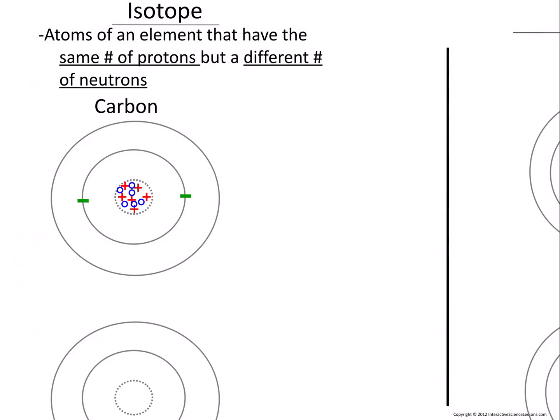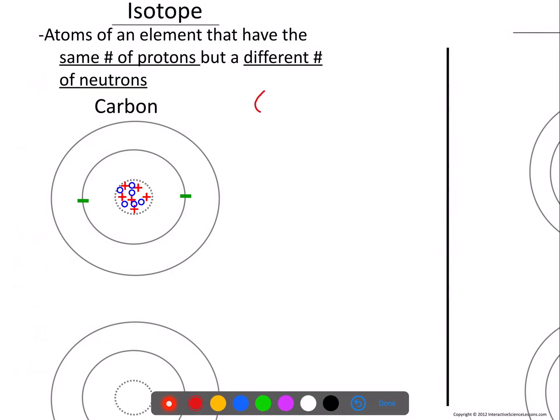And what we find is that carbon has a mass of 12 atomic mass units. Now that's not quite true because there are other kinds of carbon, but we'll look at this one and we'll say it weighs 12 atomic mass units. Now, remember that the number of protons, right?